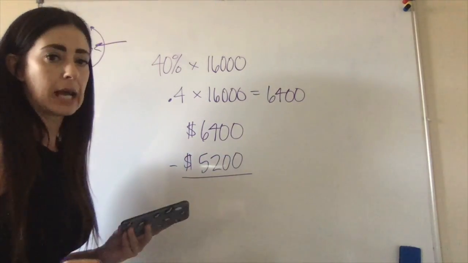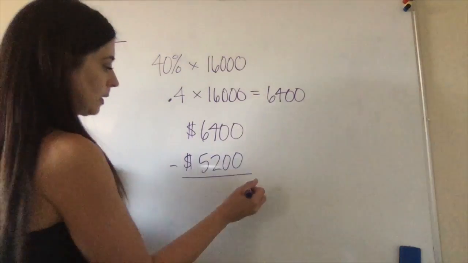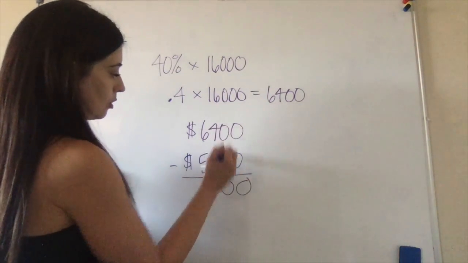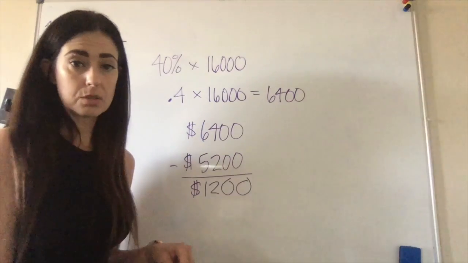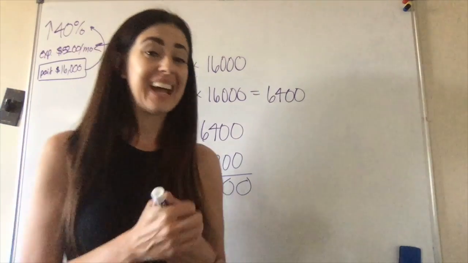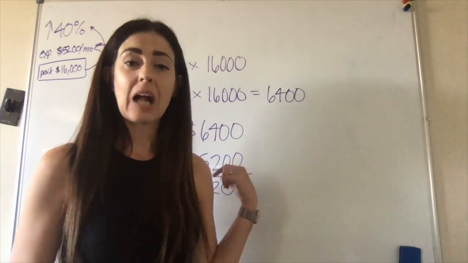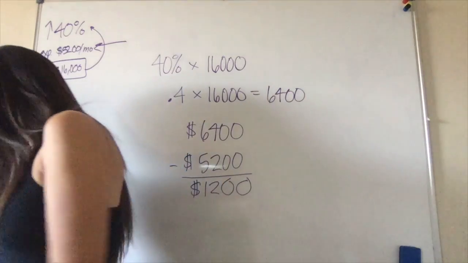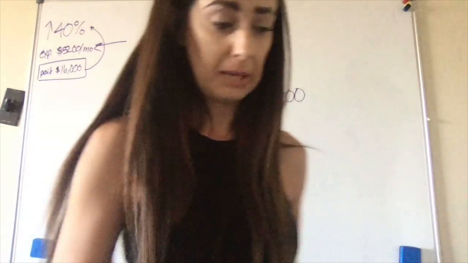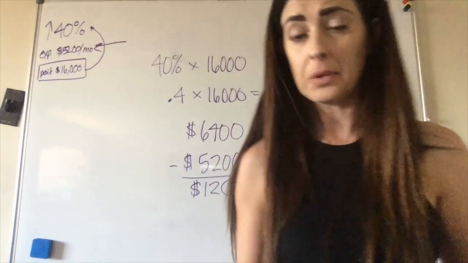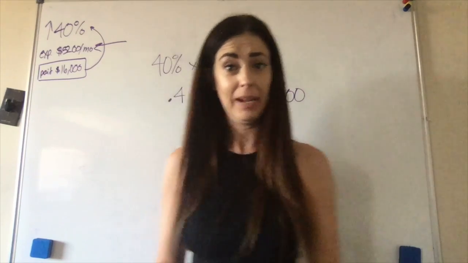So we're going to subtract out those costs or expenses. 0 minus 0 is 0, 0, 4 minus 2 is 2, 6 minus 1 is 5. So $1,200 was her profit for the month. I don't know about you, but that's not a lot of money. What was her name again? Oh, just a store owner, they don't even want to tell us her name. She probably needs a new business model, or maybe she needs to not be in this business anymore, right?